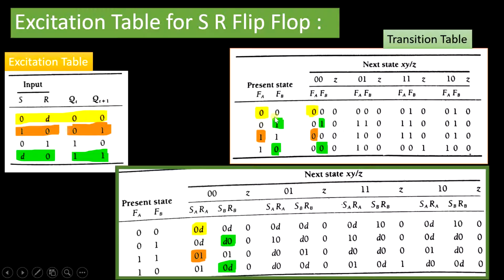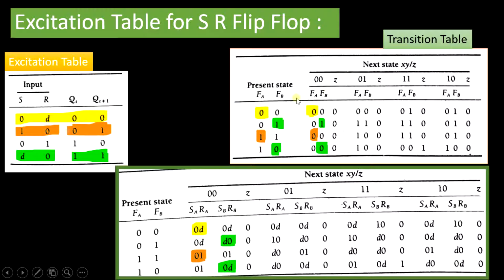Then you have 0, 0 again. So here input will be 0D. Then you have 1, 0. 1, 0 is equal to 0, 1. That has been marked in orange. Next you have 1, 0. Again this will be 0, 1.